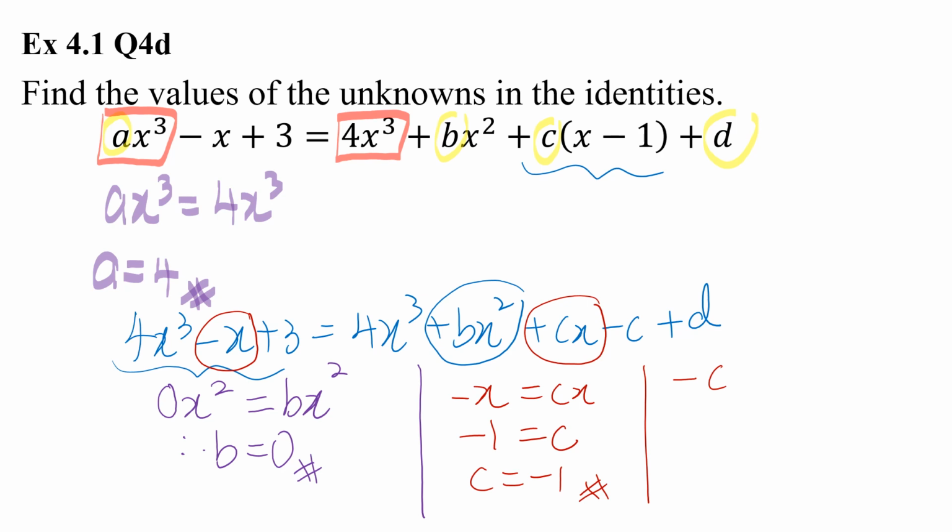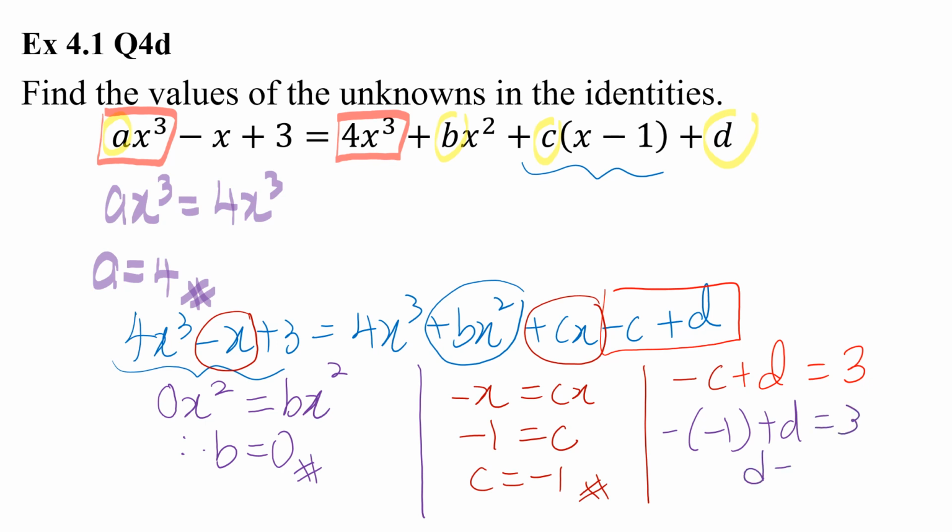So negative c plus d is the constant term, which is equal to your positive 3 on the left hand side. And since we've already found the value of c, I can just substitute in. So I would have negative times negative 1 plus d equals 3. So d will be equal to 3 minus 1 equals 2.